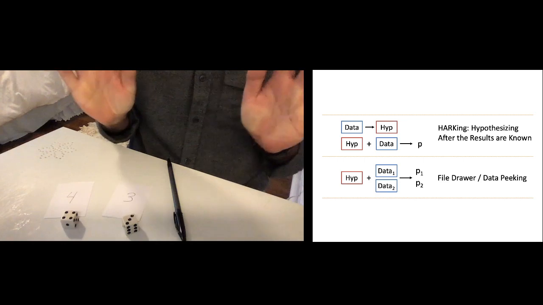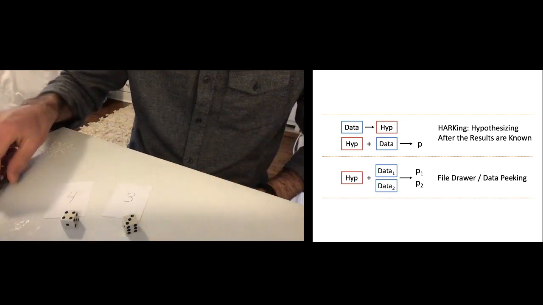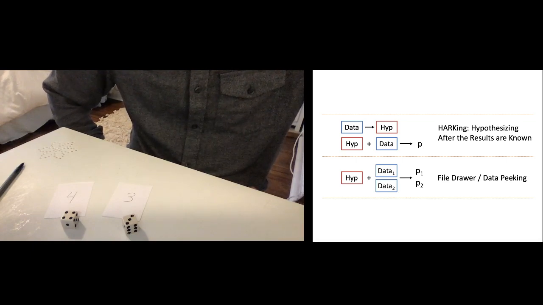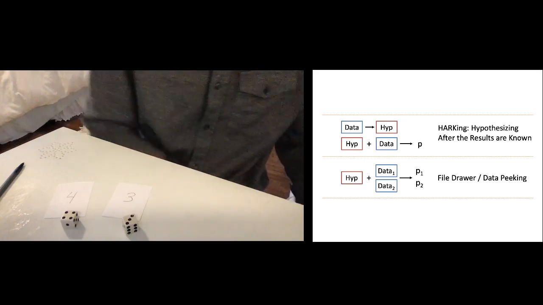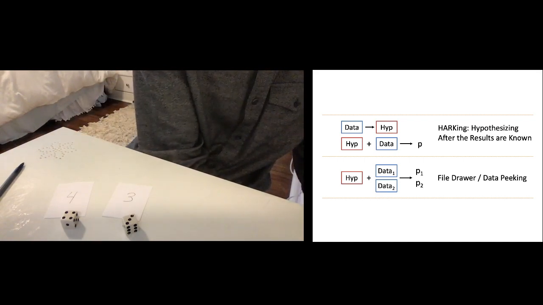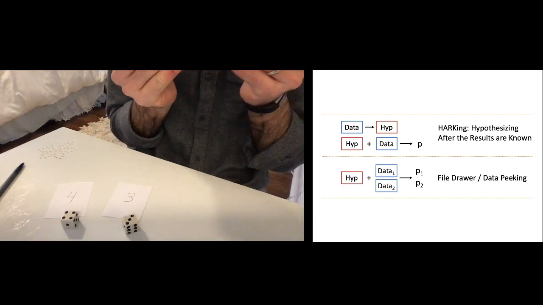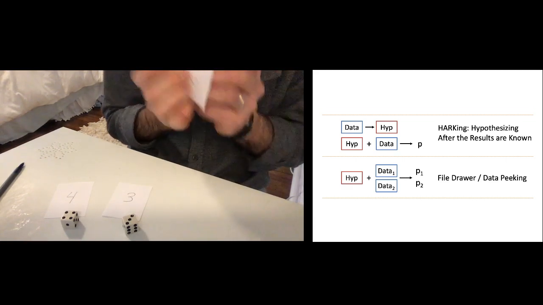So there I only rolled once, so I wasn't doing any file drawer nonsense. I didn't write anything down after the trial started, so I wasn't HARKing, but I was still cheating, and you can maybe figure out why, which is that ahead of time, before class, I wrote down many possible hypotheses, which I all had underneath the table.